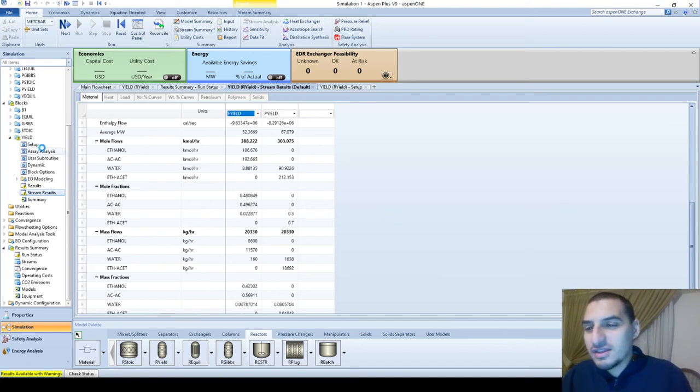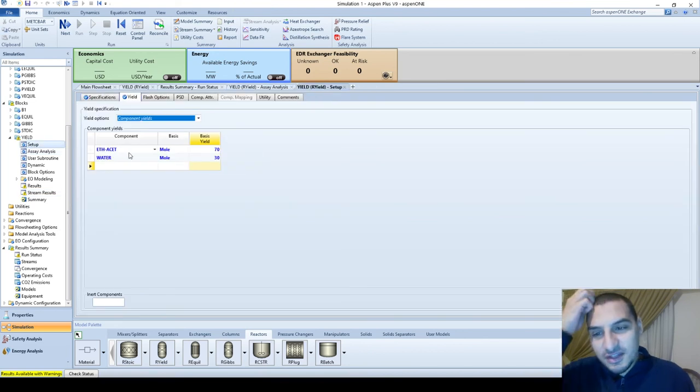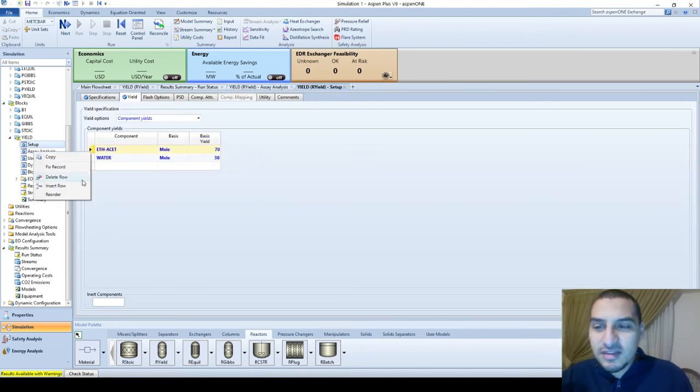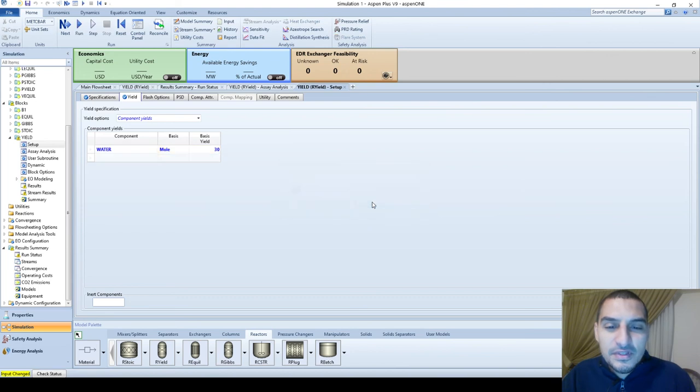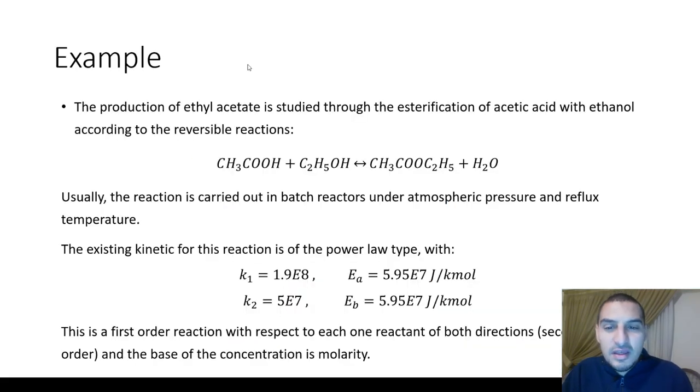There is one more thing. For instance, if I delete the ethyl acetate, I just want you to remember the reaction. The reaction occurs between two molecules, each one of them containing two atoms of carbon. So by no means can the output be only water.